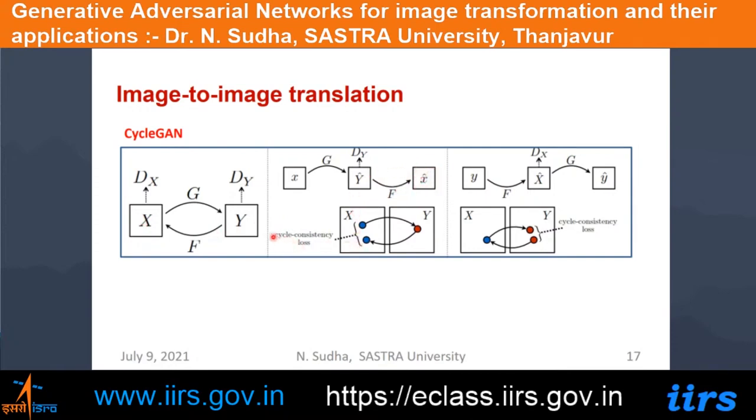So you will try to find this cycle consistency loss and try to minimize this loss. That's why it is called cycle GAN. Similarly, if you give the Y image, you will get the X image and reconstruct that Y. So this is one kind of image-to-image translation without training the network with the paired inputs.